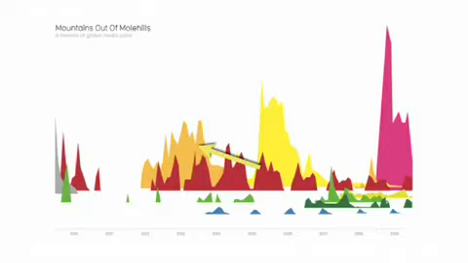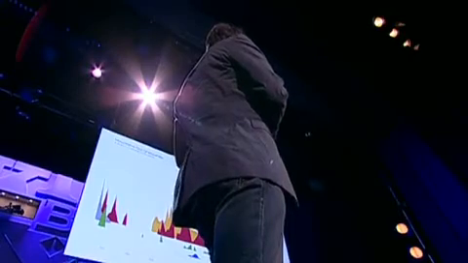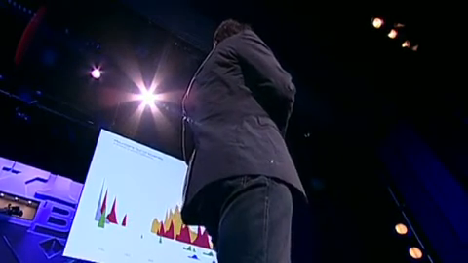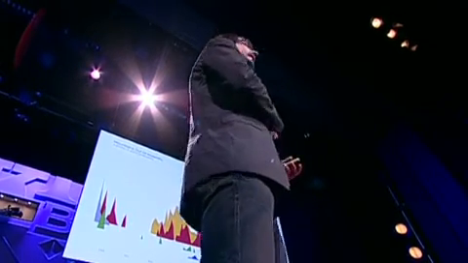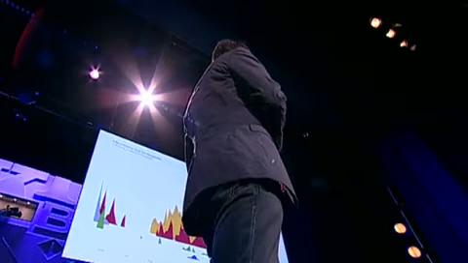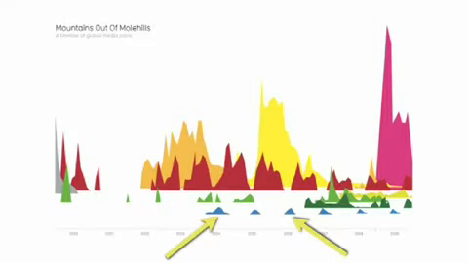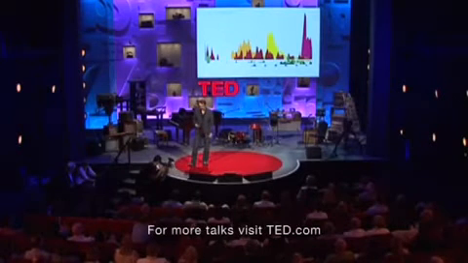Remember that one? The millennium bug. Terrible disaster. These little green peaks are asteroid collisions. And in summer here, killer wasps. So these are what our fears look like over time in the media.